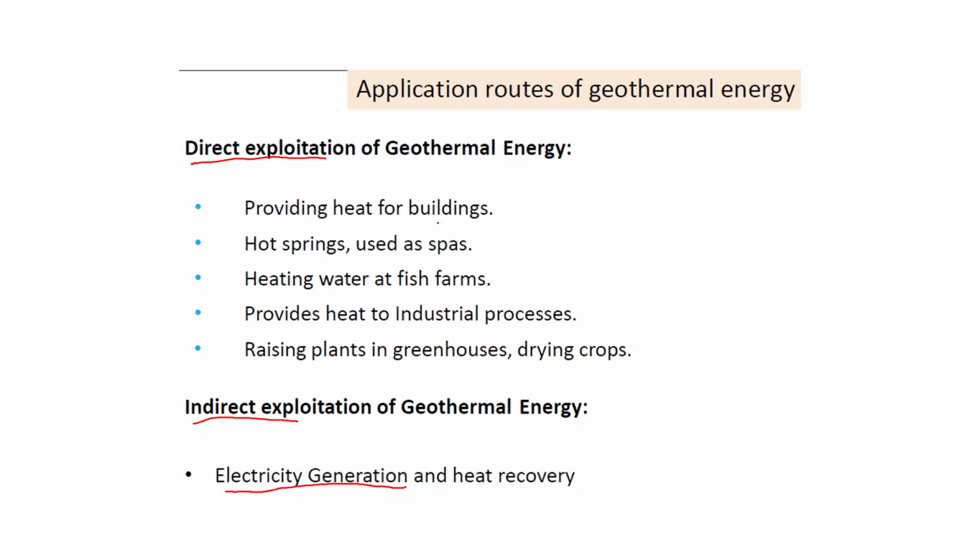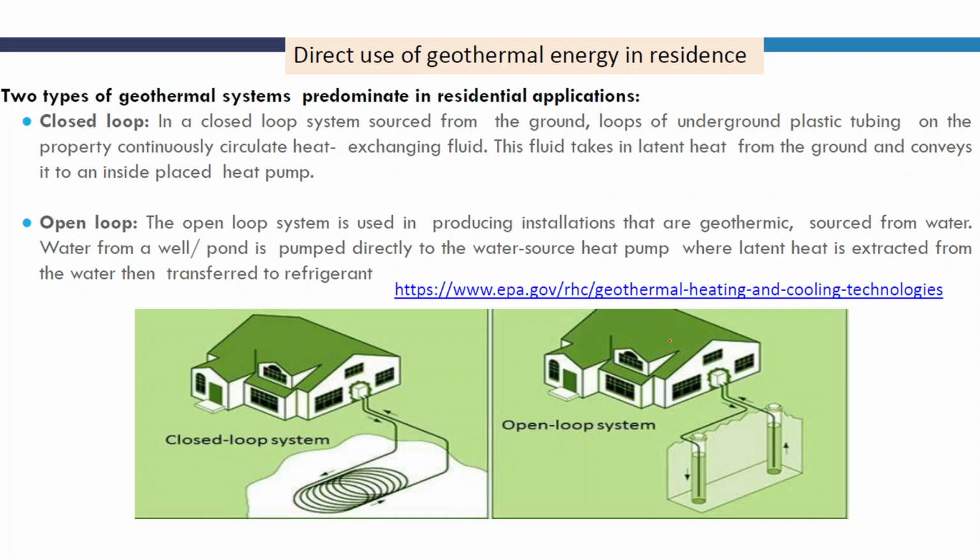And the direct way is providing heat for buildings, hot springs used as spas, heating water at fish farms, providing heat to industrial processes, raising plants in greenhouses, and drying crops.